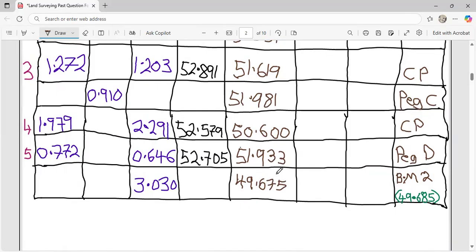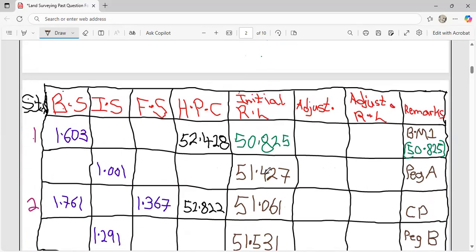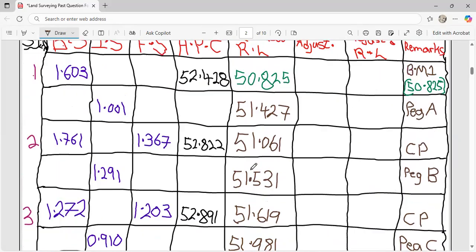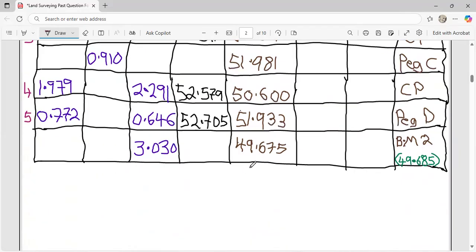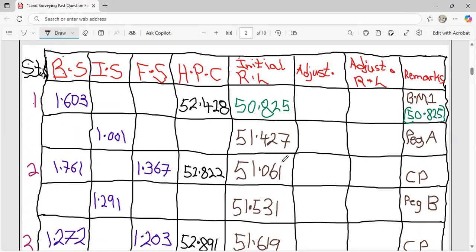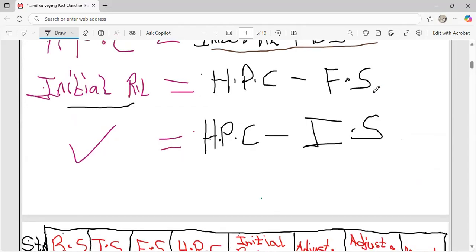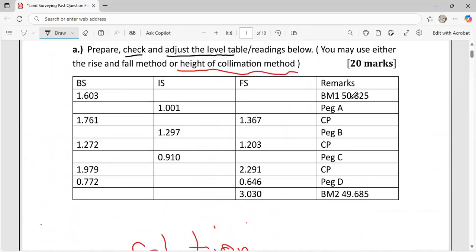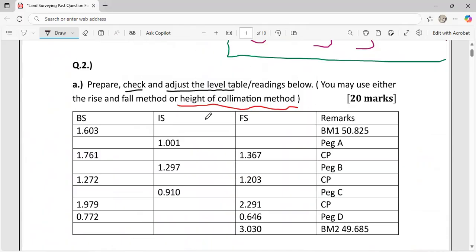All right. So we realize that we are done filling our HPCs and our initial reduced levels too. So the next stage of the work is for us to fill the adjustment and then the adjusted reduced level. Let's go back to read the question again to be more sure of what we are supposed to calculate.